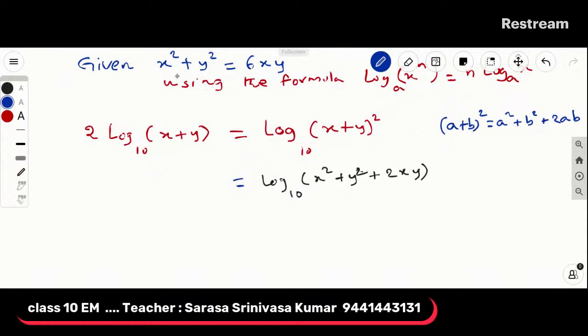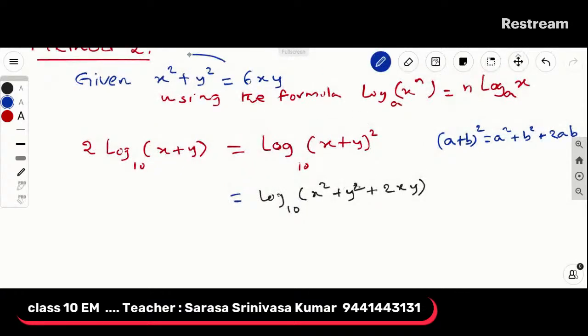Now, it is given that x square plus y square equal to 6xy. So, in place of x square plus y square, I can write 6xy. So, this is equal to log of 6xy plus 2xy to the base 10.